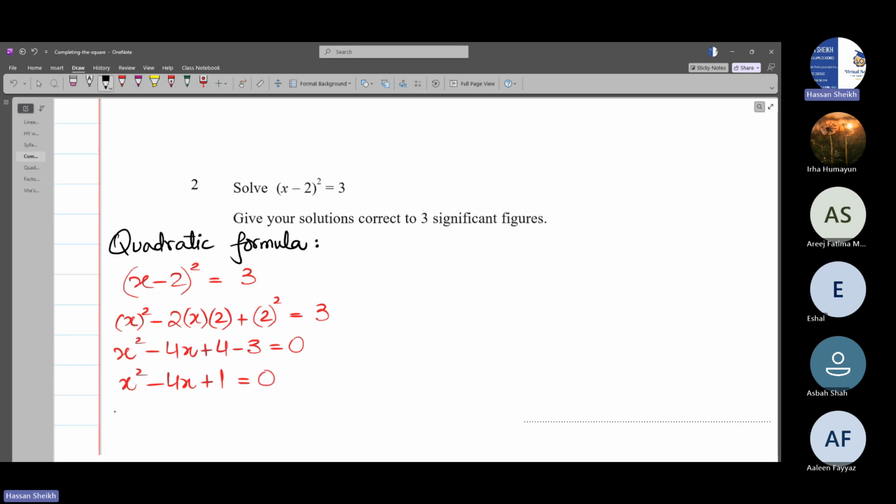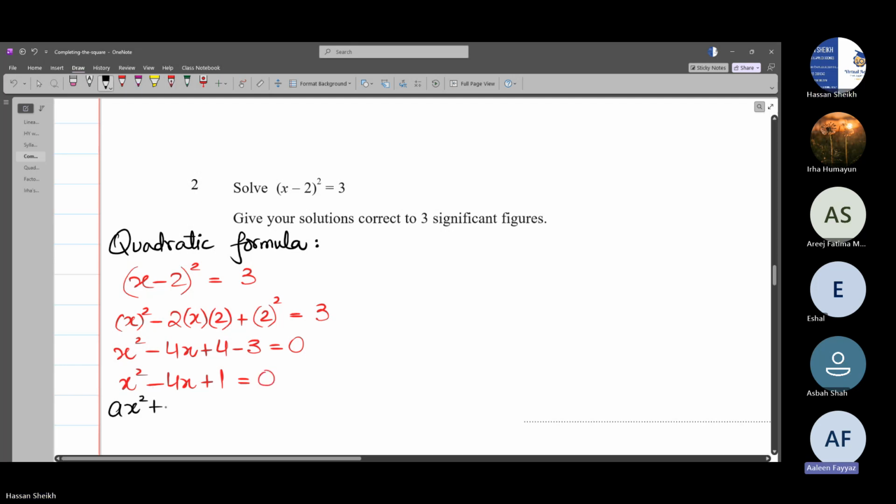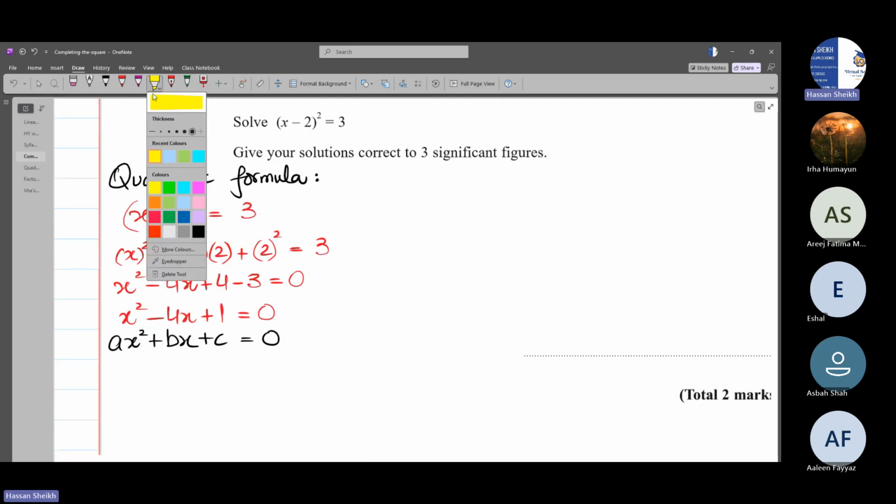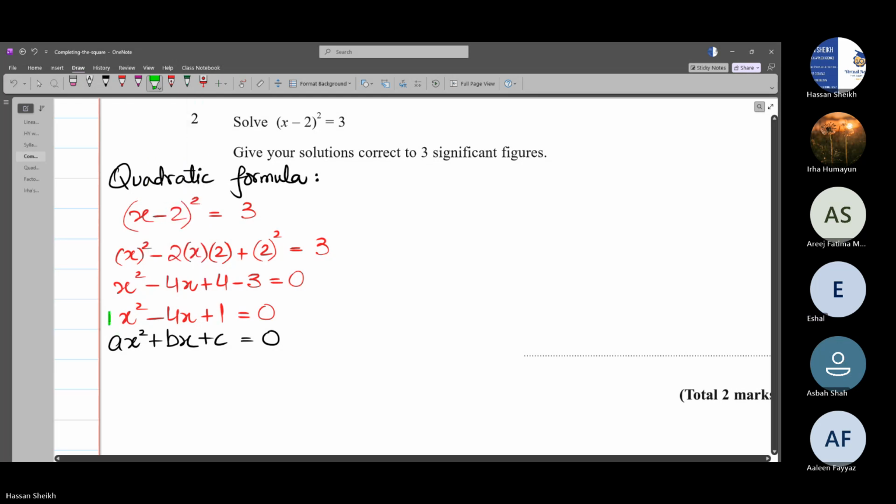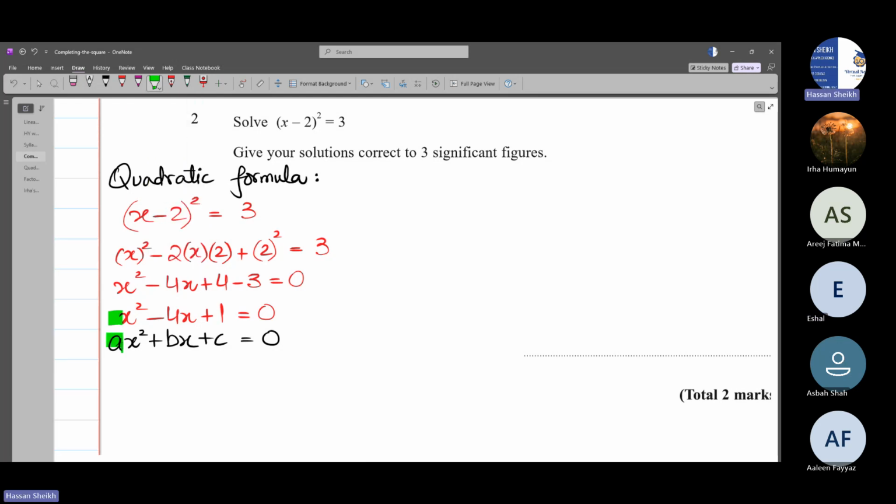Is it in standard form now? Yes. So what is the value of a? a is positive 1 because when there is nothing, there is always 1.